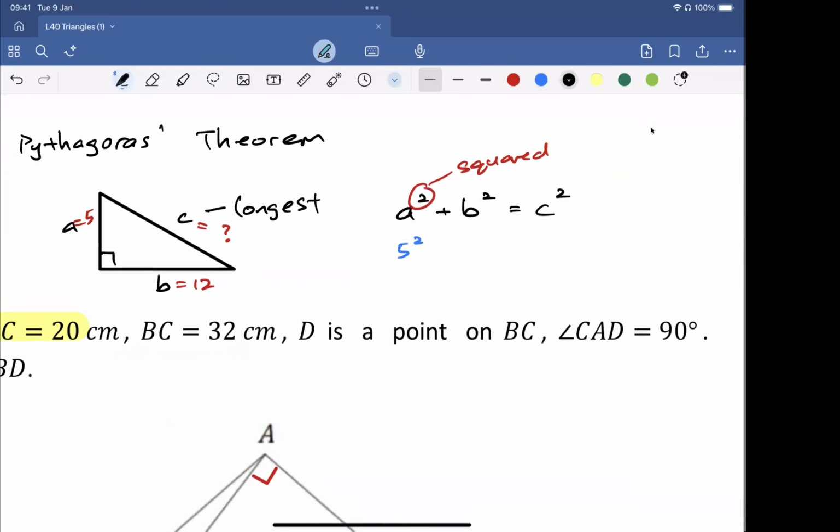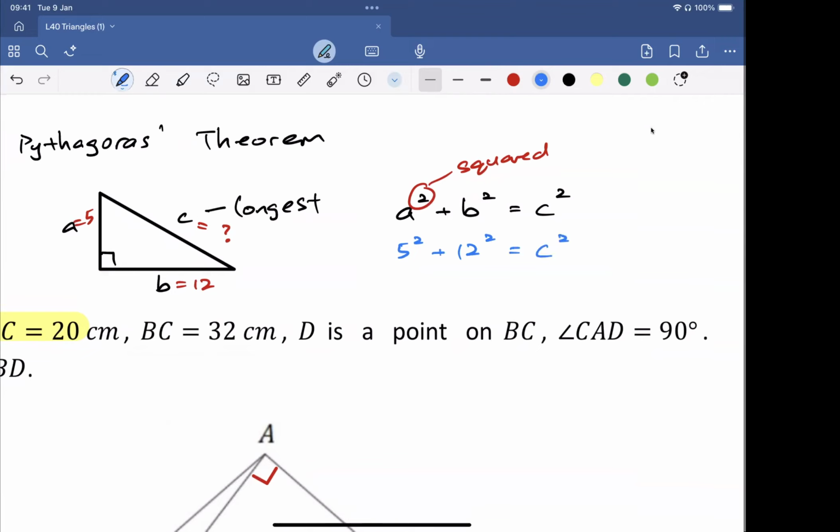So if a is equal to 5, b is equal to 12, I do not know what c is. So I'm just going to write down 5 squared plus 12 squared equals c squared. Now we are trying to find c.